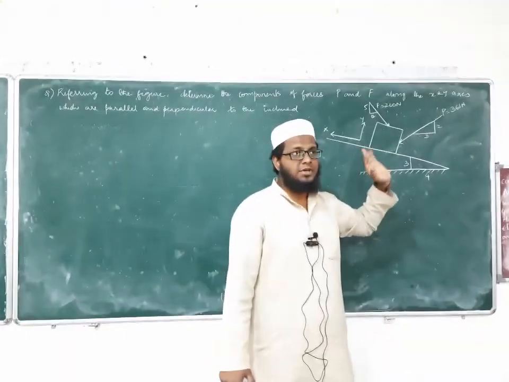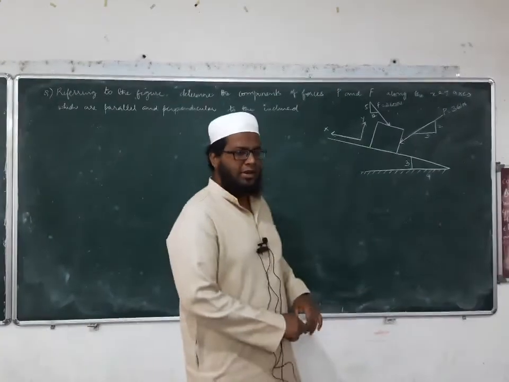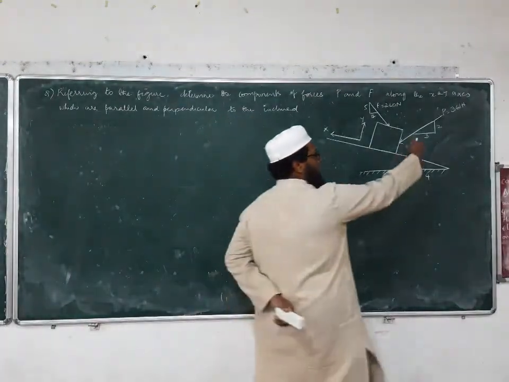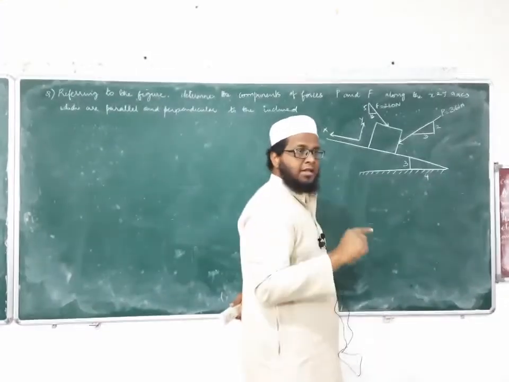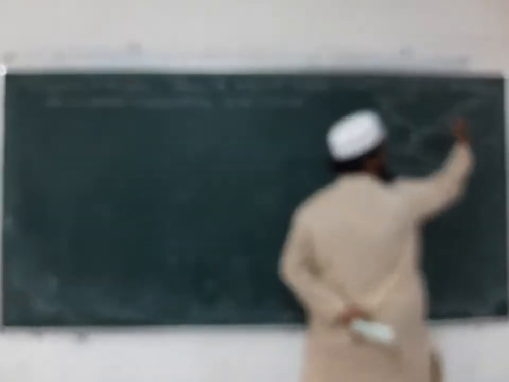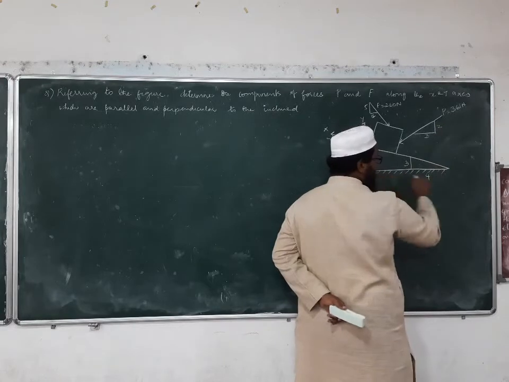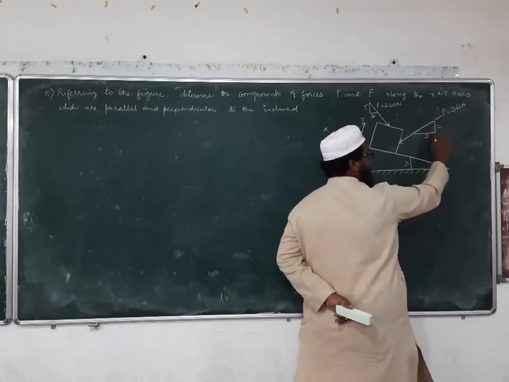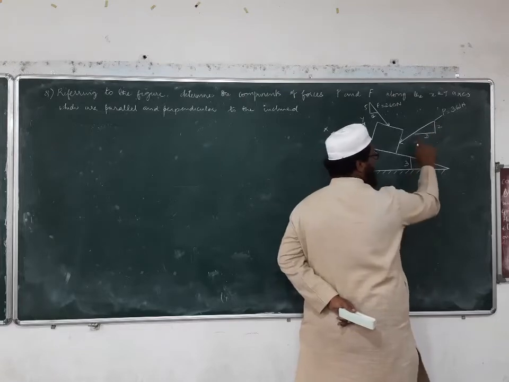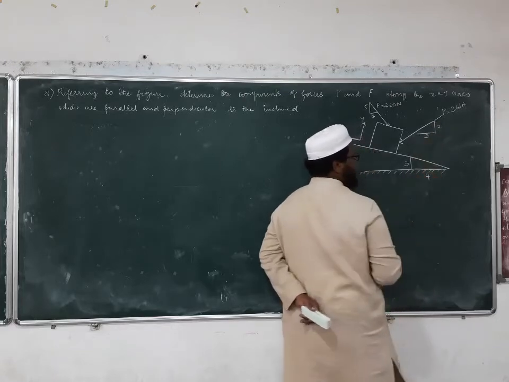And the forces also are inclined. If you see the figure very carefully, my force is inclined, isn't it? The triangle which has been given to us is exactly perpendicular to this surface. See here, this line is perpendicular to this, and this line is parallel to this horizontal surface.